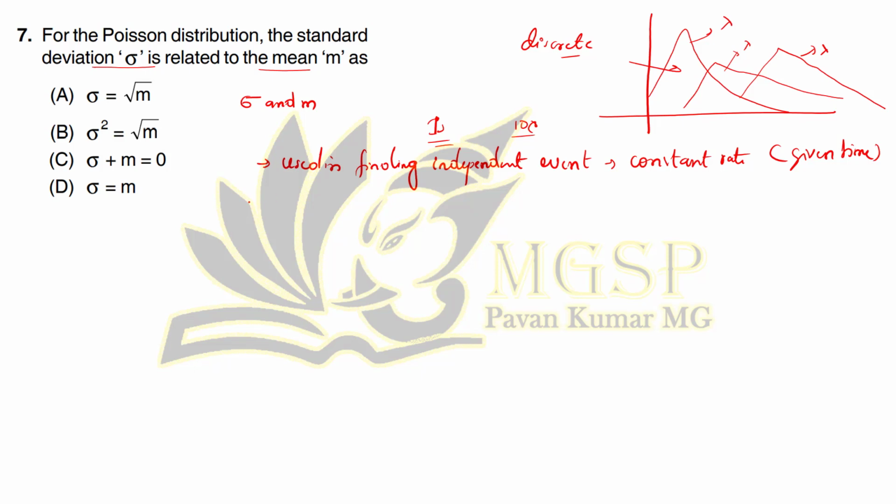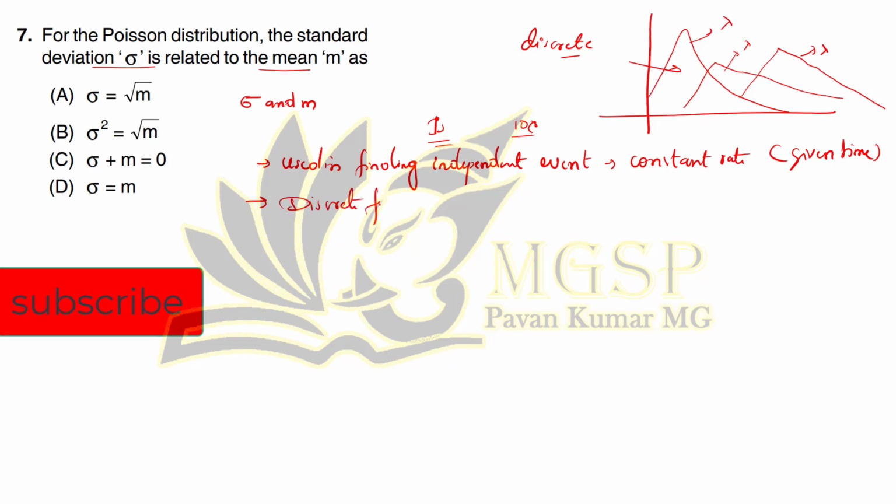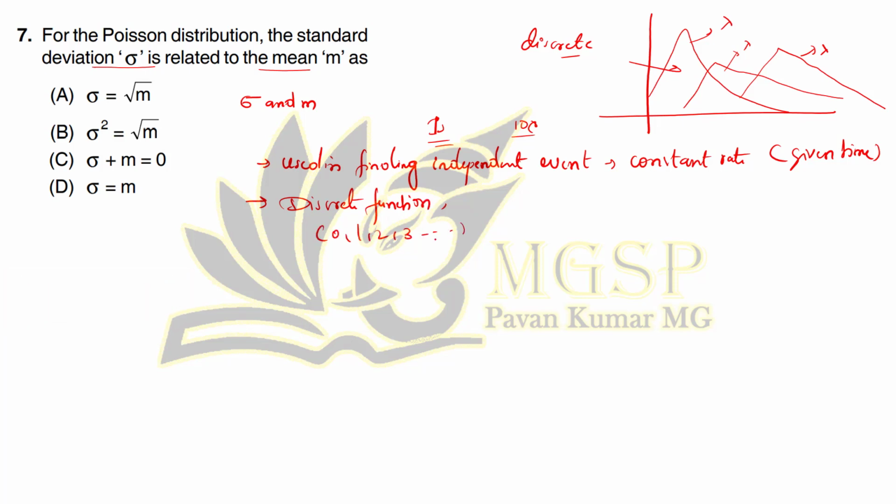So the Poisson distribution is a discrete function, which means it can take only the values like 0, 1, 2, 3, but not fractional values like 0.1, 0.2. These are not valid.